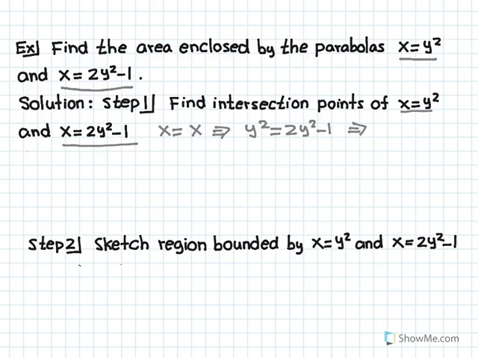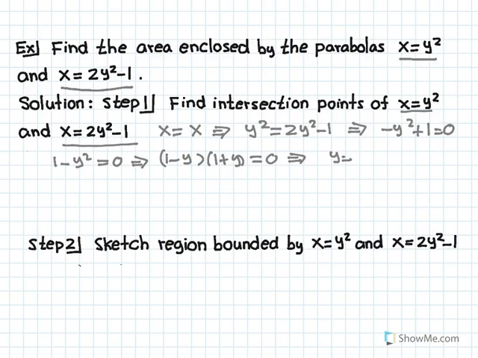Bring everything to one side, and we get negative y squared plus 1 equals 0. So we have 1 minus y squared equals 0. We can factorize this. We get (1 minus y) times (1 plus y) is equal to 0. If we solve this, we get y equals 1, y equals minus 1.